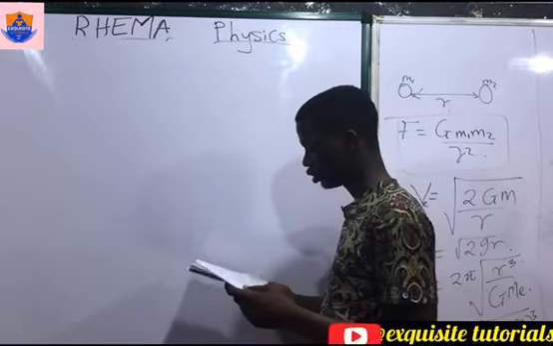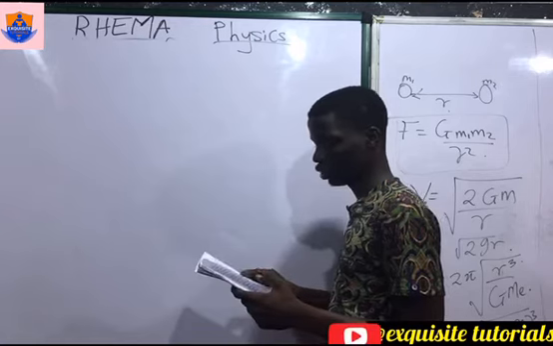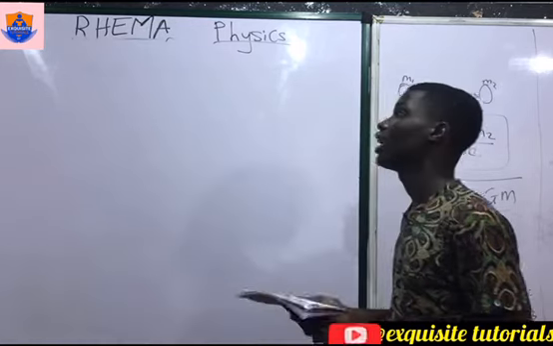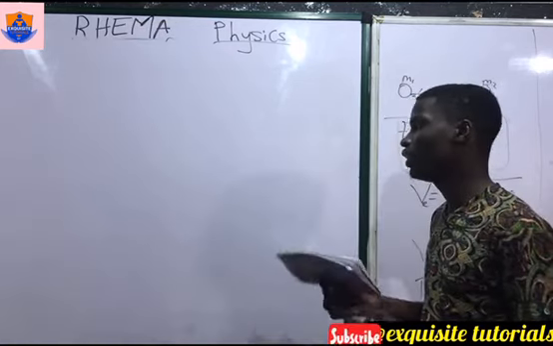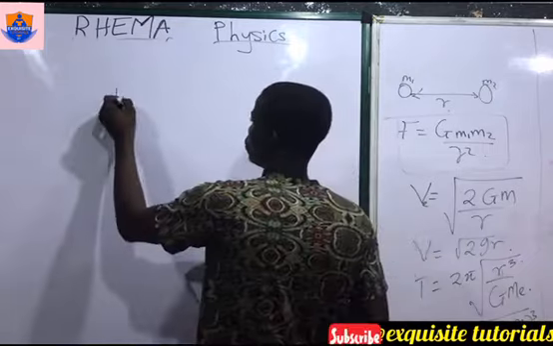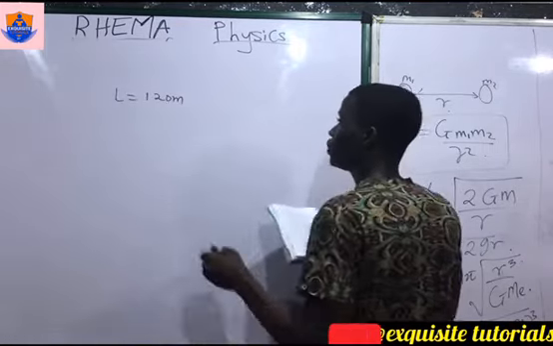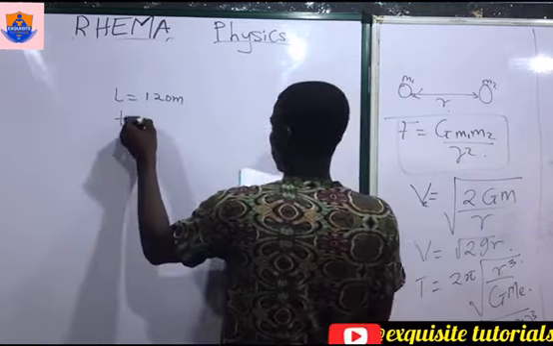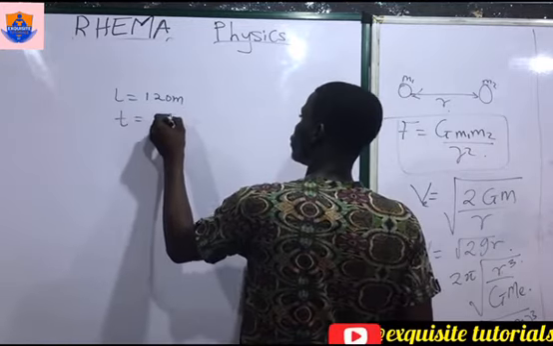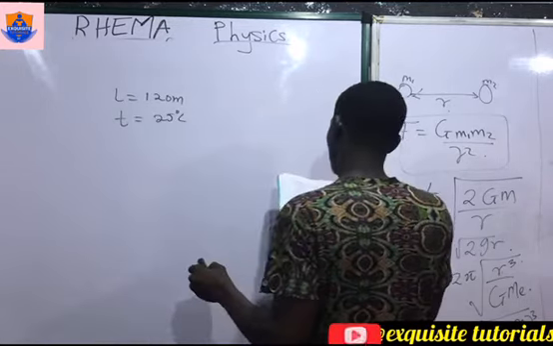I have just one question on that for today. An aluminium bar has a length of 120 meters. Its initial temperature is 25 degrees Celsius.